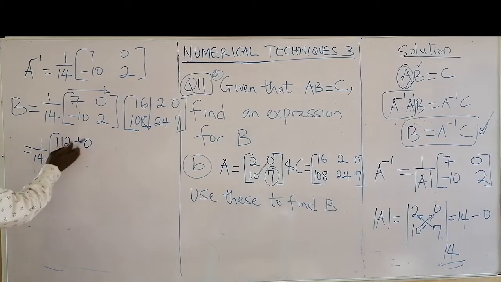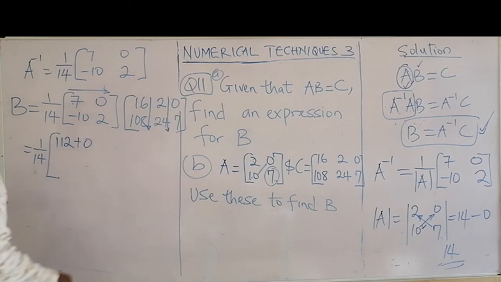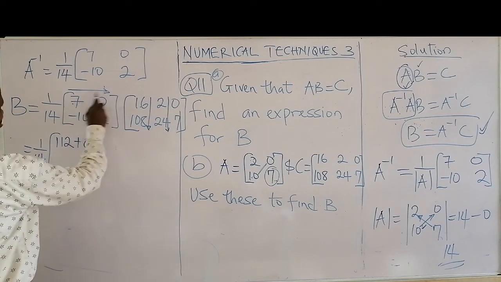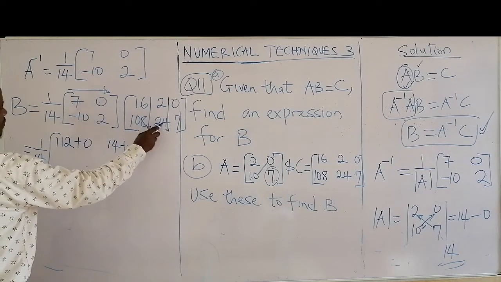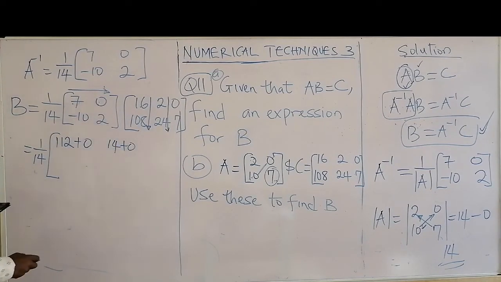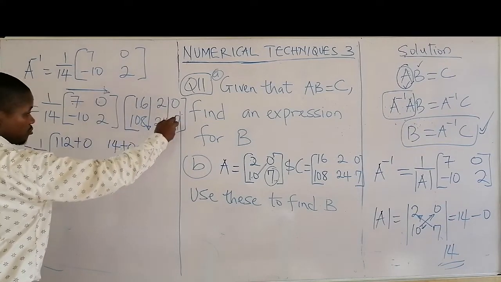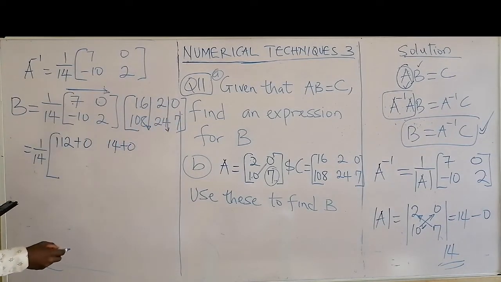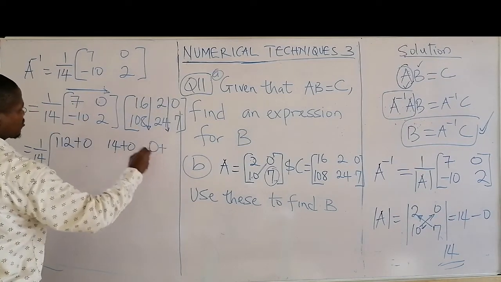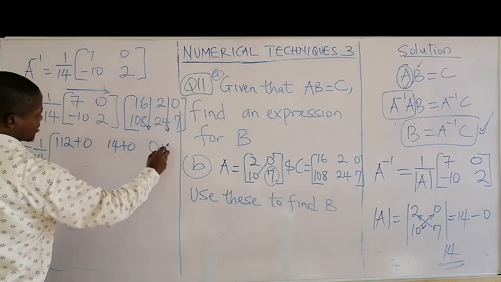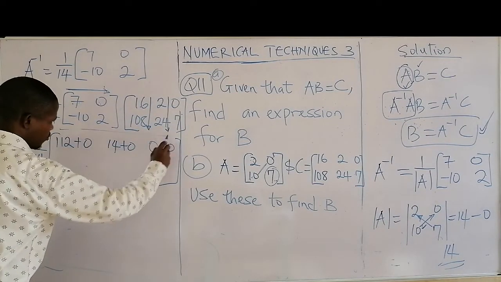Then the second column: 7 times 2, that's 14, plus 0 times 24, that's 0. The same row against the third column: 7 times 0, that's 0, plus 0 times 7, that's also 0.